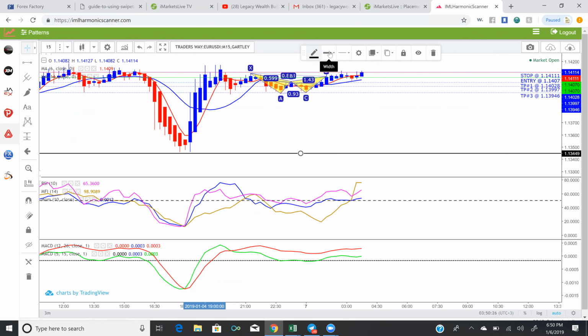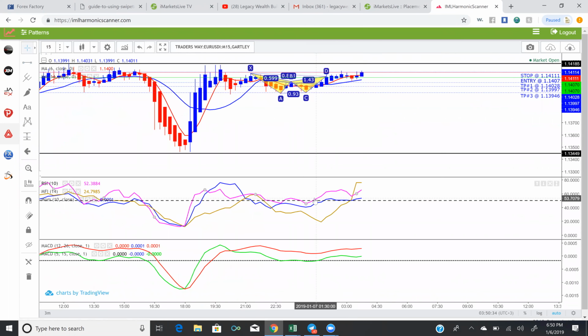I changed the color here, changed the thickness there. My resistance is here. There are other support and resistance lines on this chart, and they're actually your entries, stops, and take profits as well.